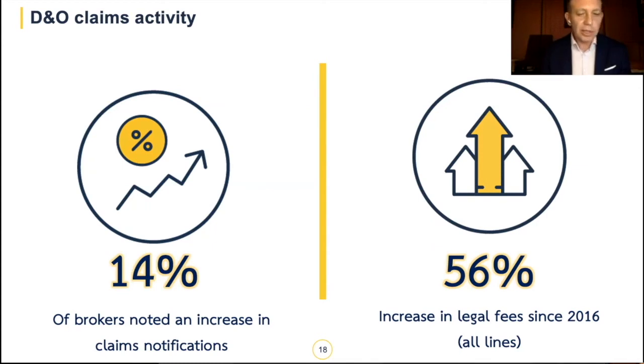It sounds logical, but these claims can take 5 years from the time that they're first notified until they run through the court system. And things can fall into gaps, which is why as brokers, it's very important that you stay on top of the claim, even after it's been reported.